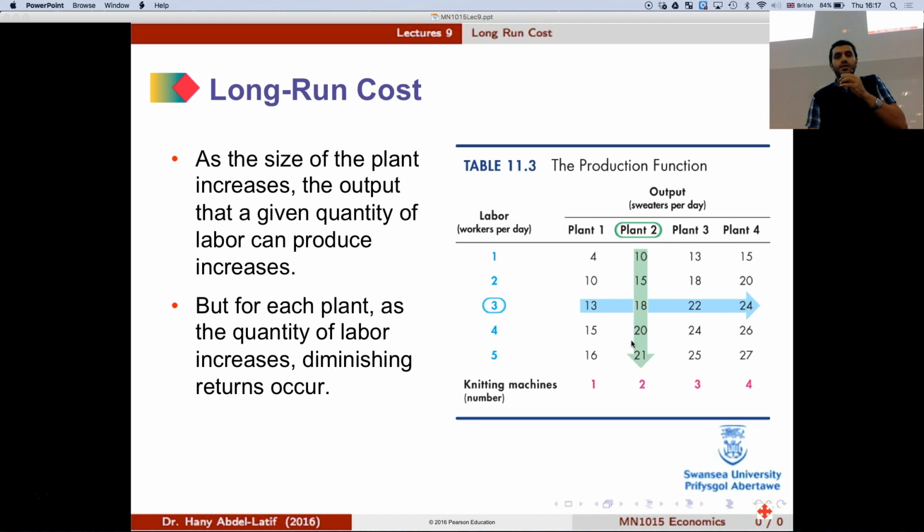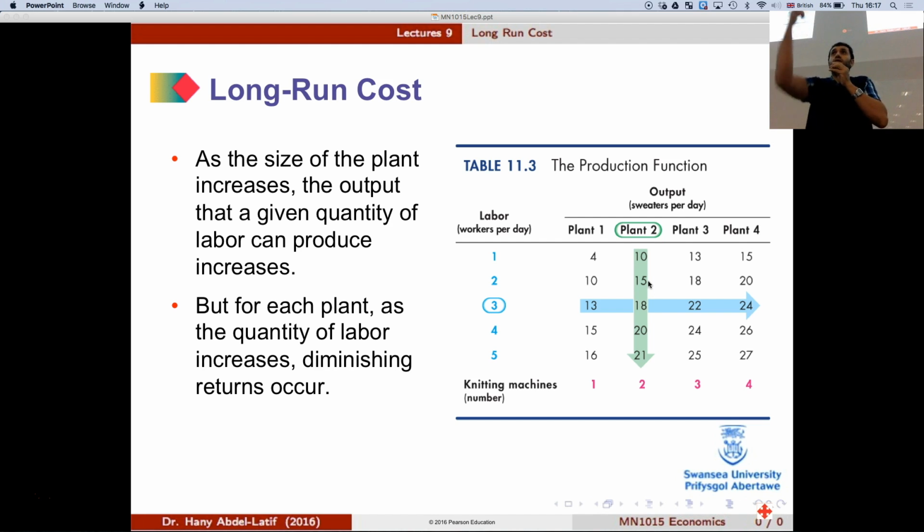So let's look at what happened here. The first worker with 2 machines gives us 10 sweaters per day. When we add another, so we have 2 workers now, what's the total output? It's 15. So the total output increases. But what about the contribution of the second one?